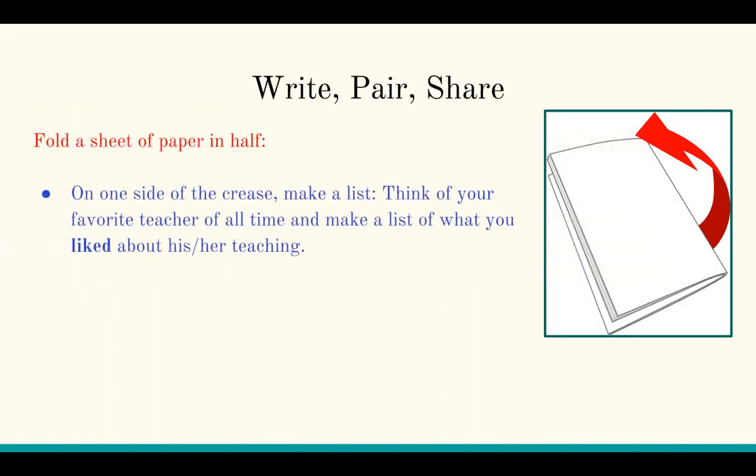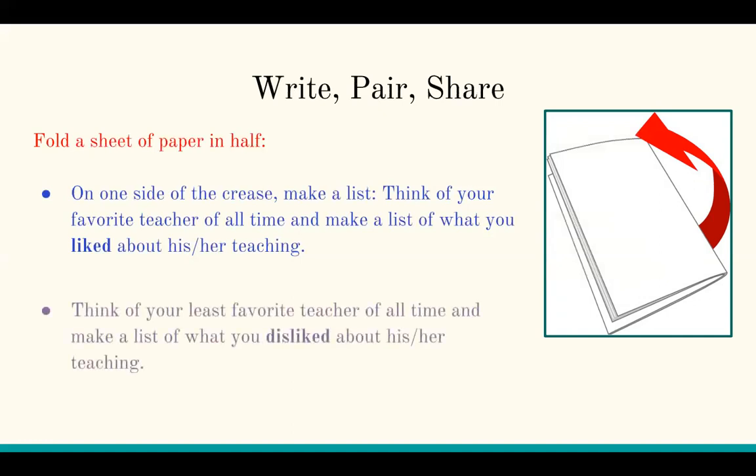You can think of their teaching qualities, but really think of the kinds of activities that you were doing in that class or for that subject, and also the way that they were teaching you. So were you learning on computers? Were you handwriting? Were there a lot of visuals? Were you drawing?